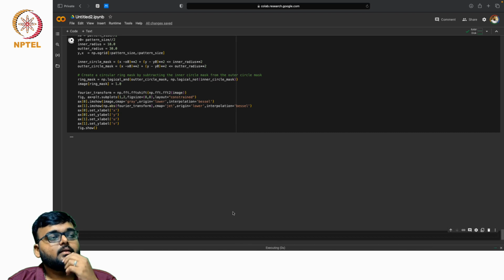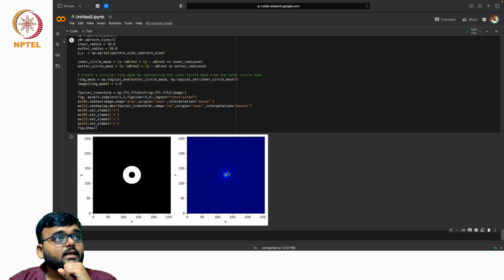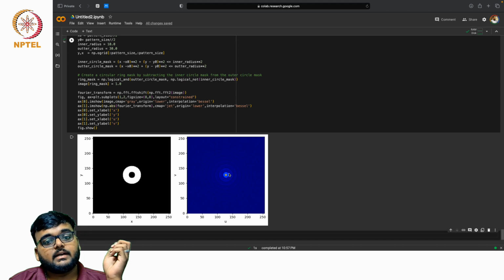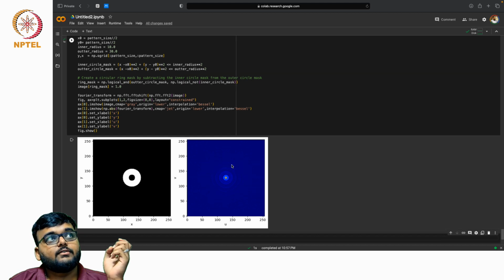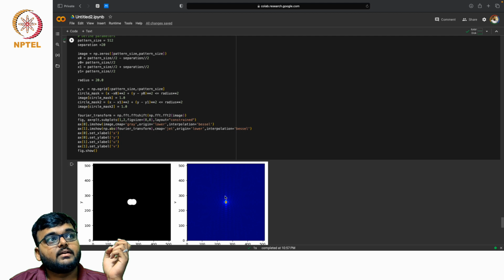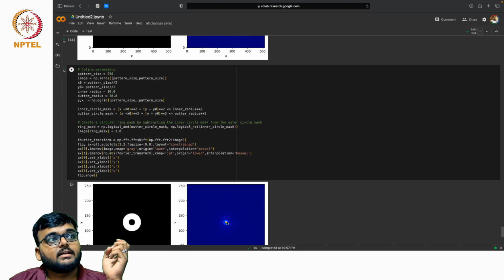Here we see the main beam at the center, whereas the ripples propagate outward with a different relation. If you see here, it is equally spaced, every ring is equally spaced. Here it's not equally spaced. It's equal over a certain length, but there are two kinds of rings propagating, inner and outer.